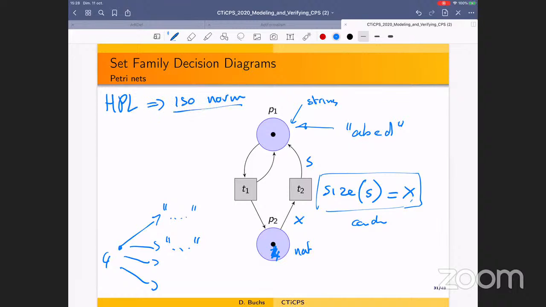So this is a norm for the high-level Petri net. Everything that I mentioned here can be defined using this ISO norm. I don't remember the number, but this is something that you can find easily.